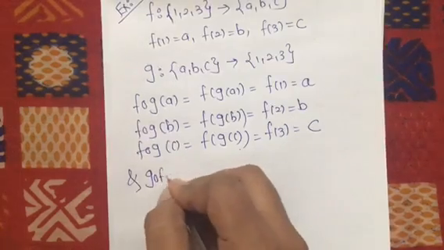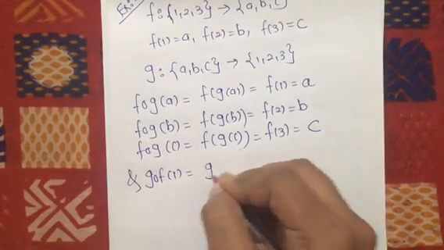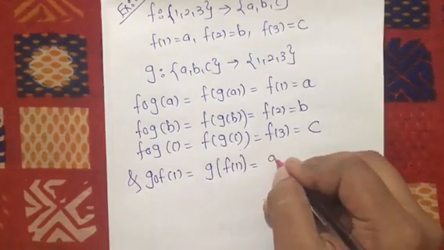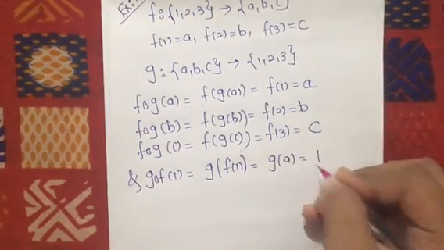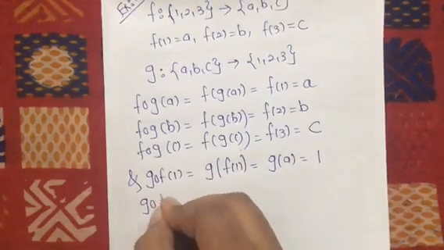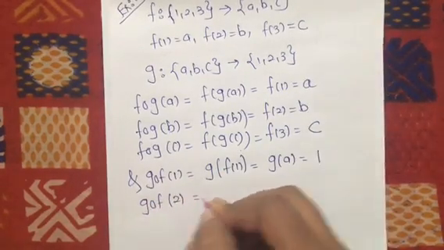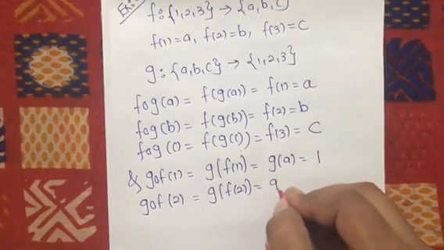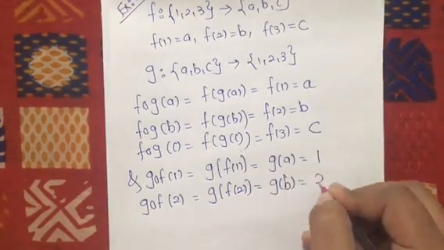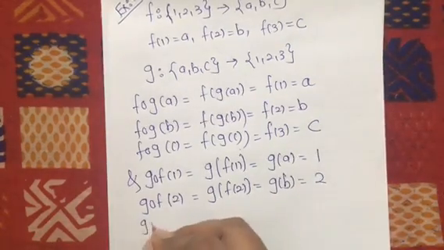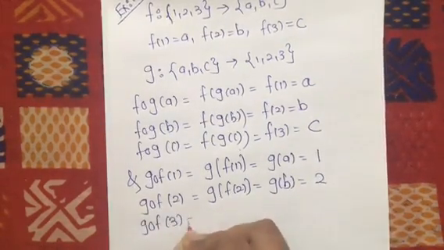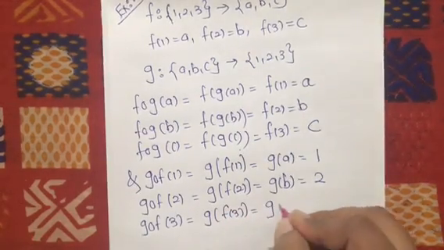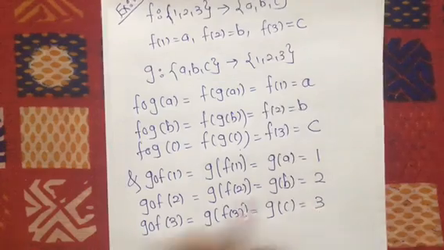And g of f of 1 is g of a, and the value of g of a is 1. g of f of 2: f of 2 is b, therefore g of b is 2. g of f of 3 is g of c, which is 3.